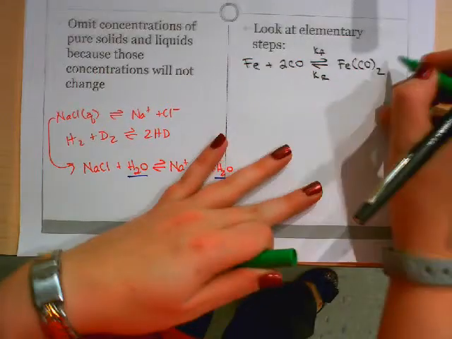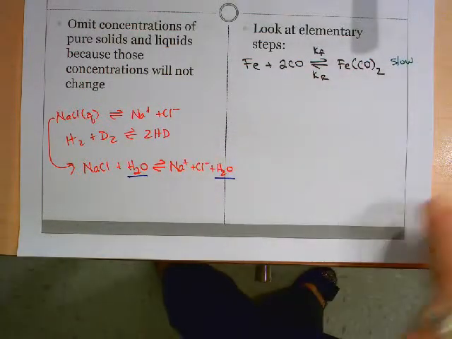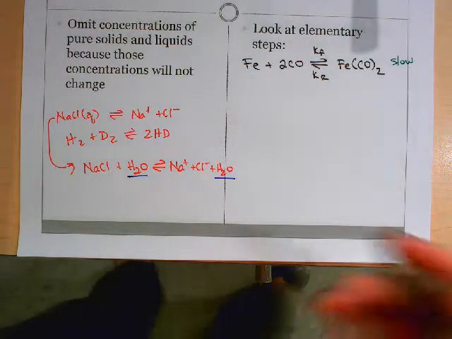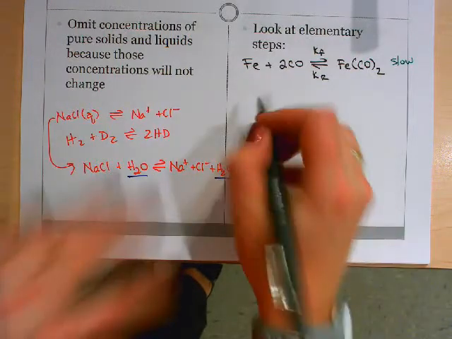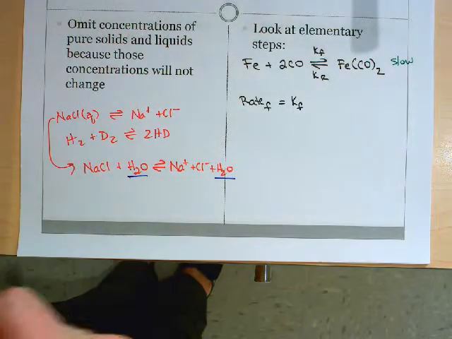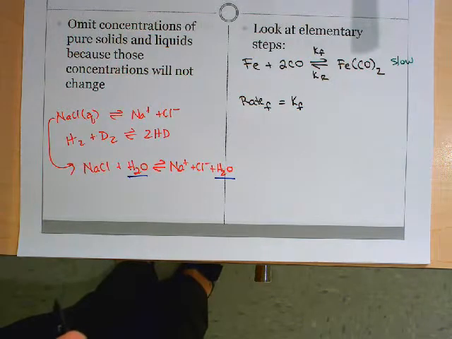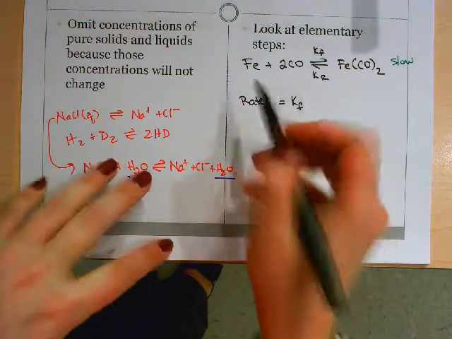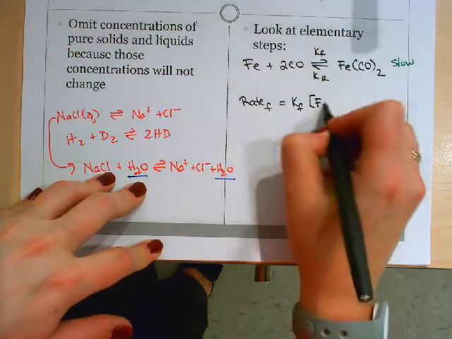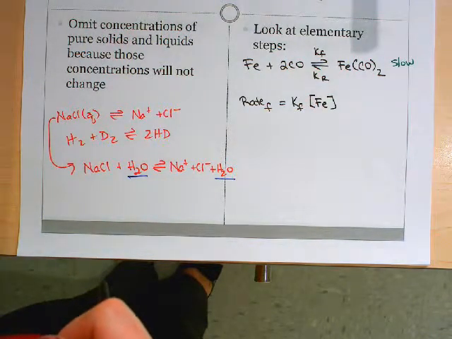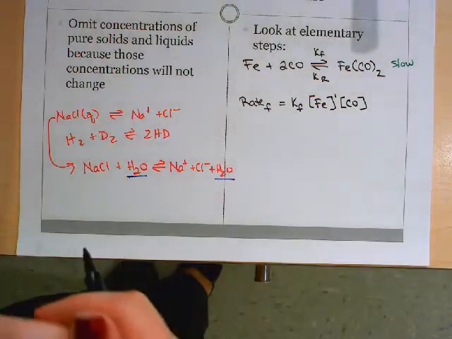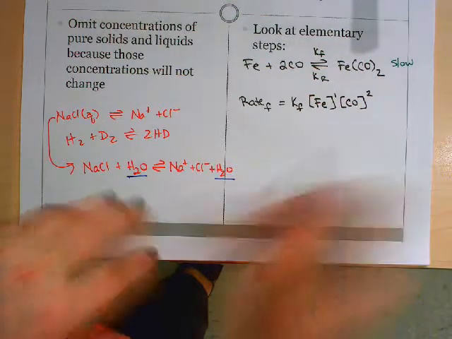And just to be thorough, we'll say it's the slow one. If I want to write the rate of the forward reaction, I'd be looking at the two reactants, right? Forward has reactants going to products. So what exponent should my iron have? 1, good. What about the carbon monoxide? 2, right?